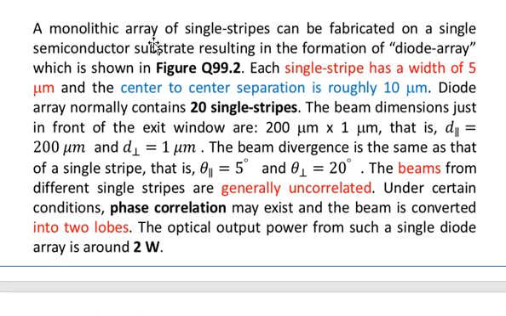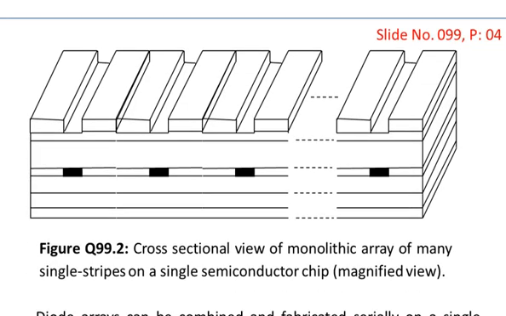A monolithic array of single strips can be fabricated on a single semiconductor substrate, resulting in the formation of a diode array, as shown in figure 2. So let's see figure number 2 over here. The caption is: cross-sectional view of the monolithic array of many single strips on a single semiconductor chip.